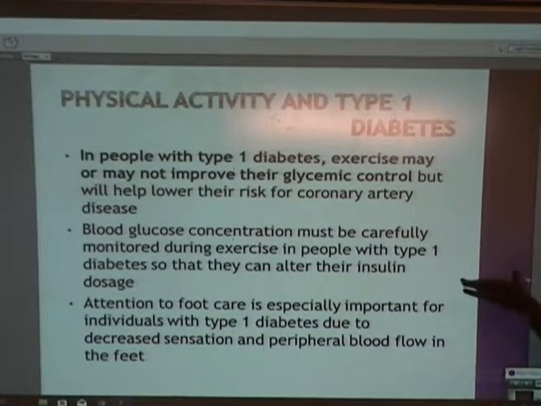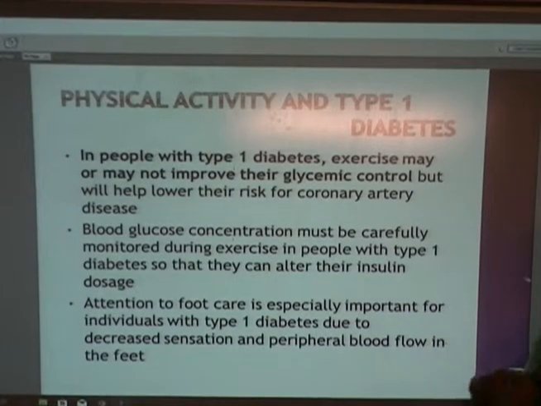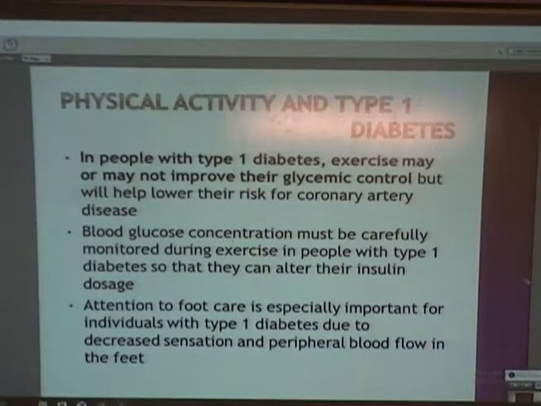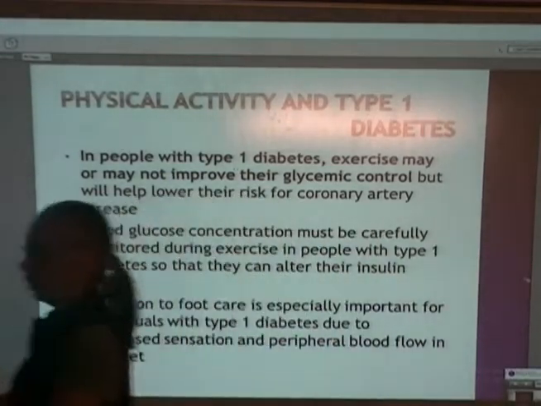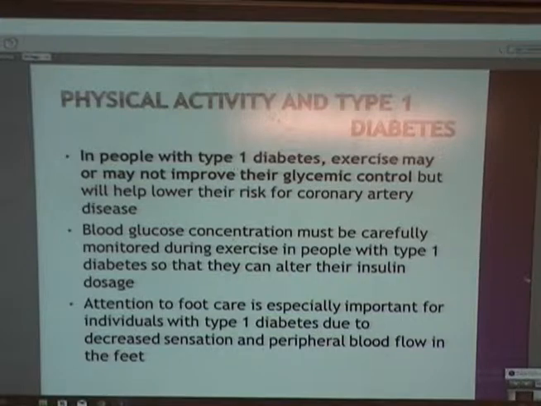So you have to keep reminding them. You have to check all the time that their shoes and their socks fit well and that they're not developing blisters, right? So exercise is still beneficial to their health, but it's not likely to improve their disease state.